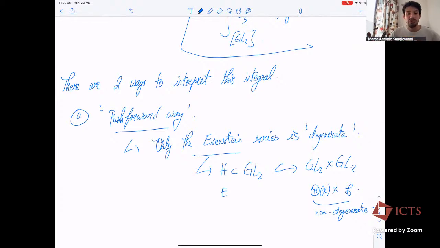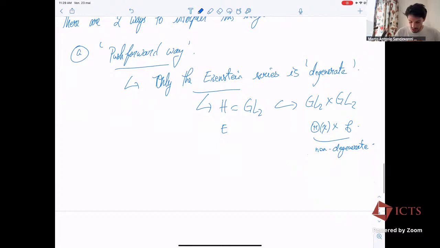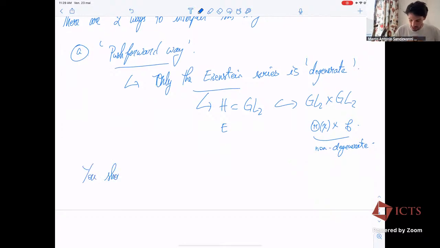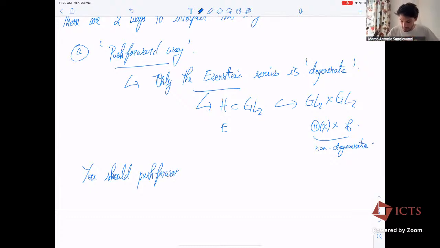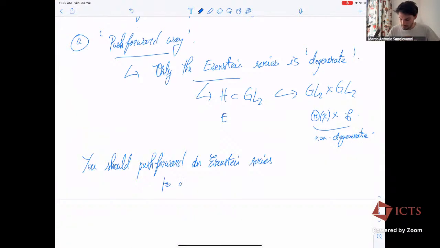And so from the point of view that I explained in my second lecture, you should push forward an Eisenstein series to a product of modular curves. So the key word here is push forward to a product of modular curves.